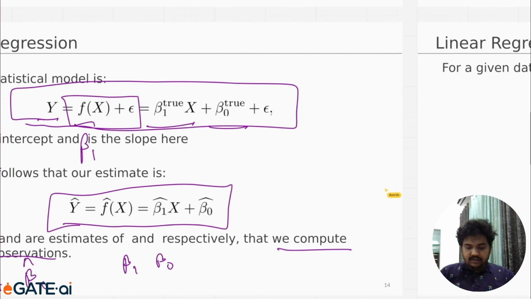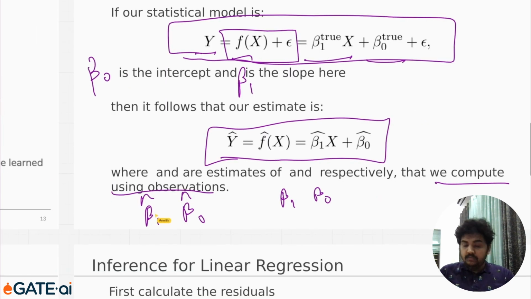Now, of course, we are learning two coefficients here, beta 1 hat and beta 0 hat, for a single variable feature. Why is this beta 0 hat required? As I have mentioned, it is the intercept.